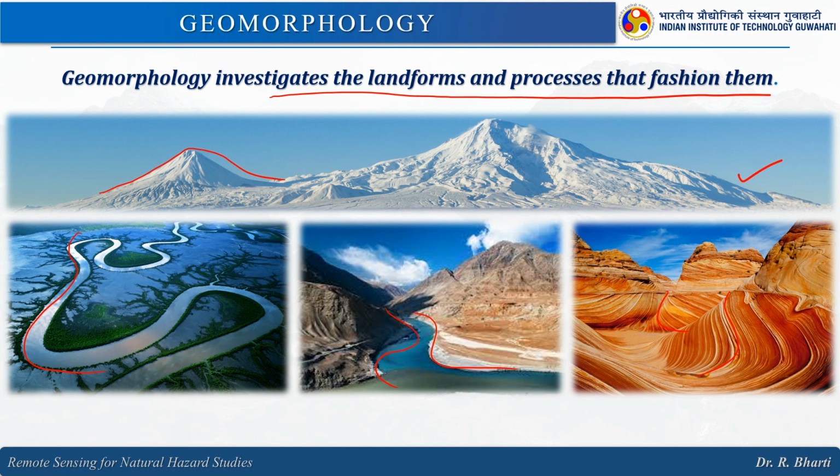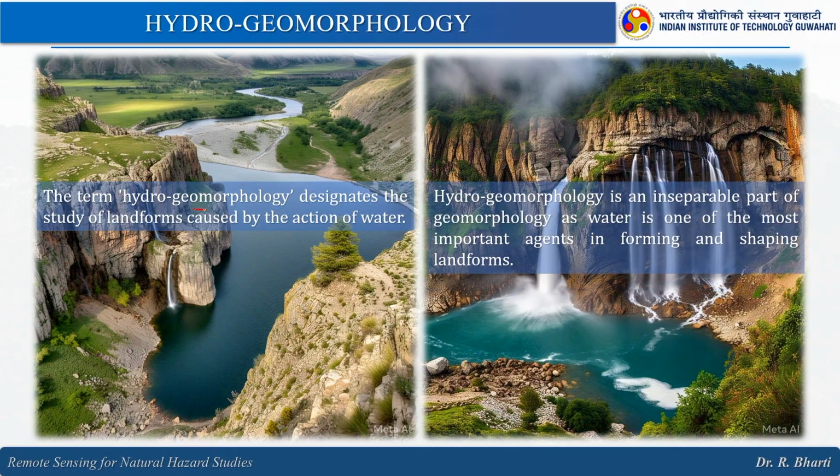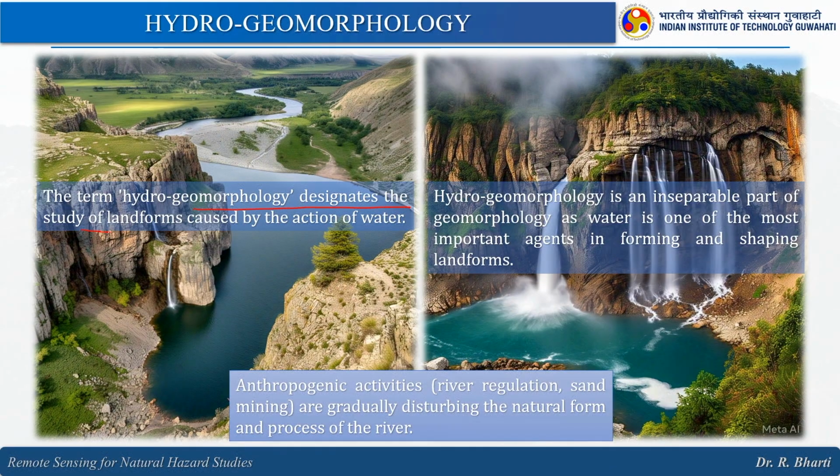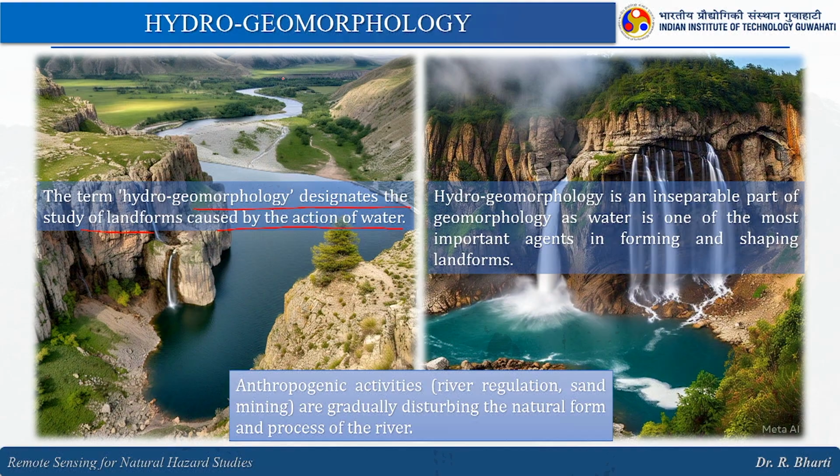So, since we are talking about the river or fluvial system, we will focus on the hydrogeomorphology. So, hydrogeomorphology designates the study of landforms caused by the action of water. Here we only consider water as the agent responsible for shaping the landforms that we see today, right. So, here you can see this particular river channel, it is eroding, because of this the shape is like this, right, isn't it.